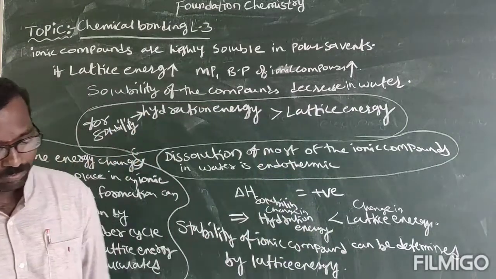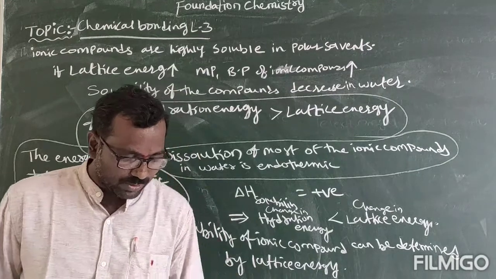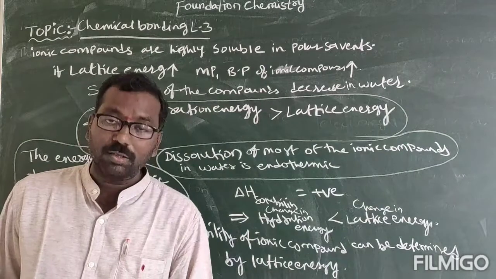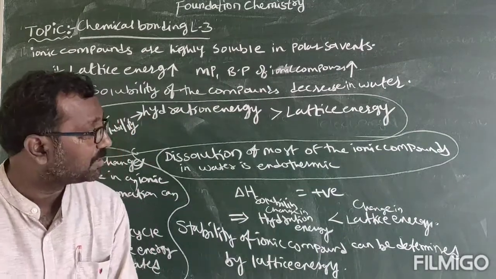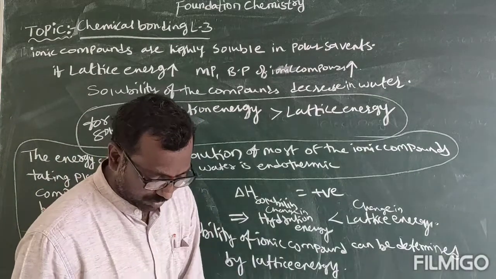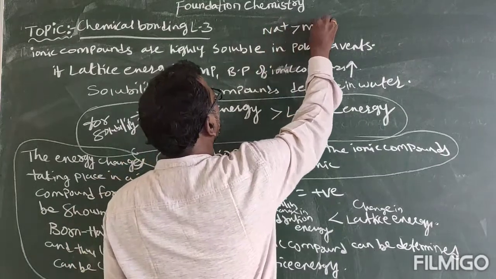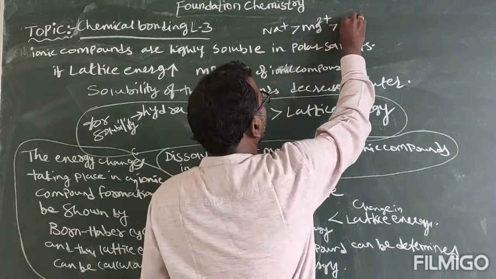So these are the points regarding ionic bonding. Next, we will have some factors. Lesser ionization energy will tend toward cation formation. Generally, Na+ is greater than Mg2+ is greater than Al3+.